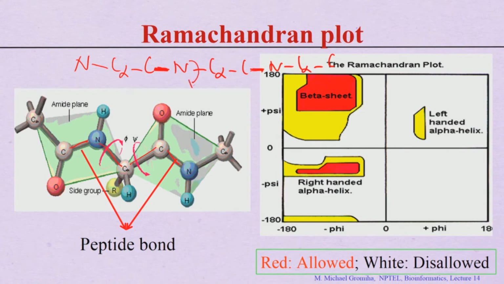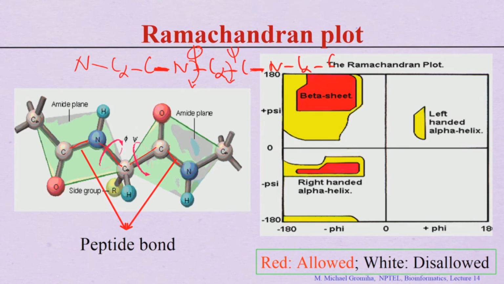Here you can carry out the rotations, and here also you can see the rotations. The rotation along N-C alpha is called the phi angle, and the rotation along C alpha-C is called the psi angle. If you write this phi and psi here, it is not a bond, it is a rotation around that particular bond.